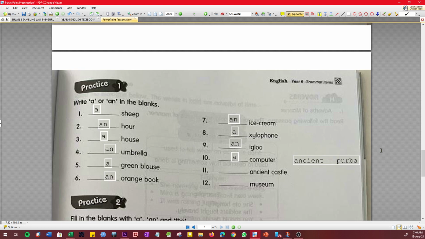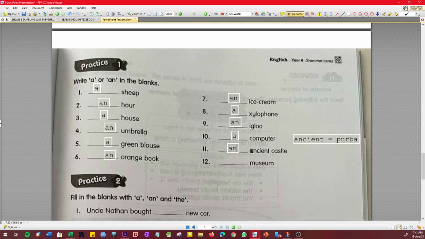Ancient tak? No. 1927, year 1927? No, that's not ancient. What about year 500? Is it ancient? Yes. Okay. So purba and ancient asal.